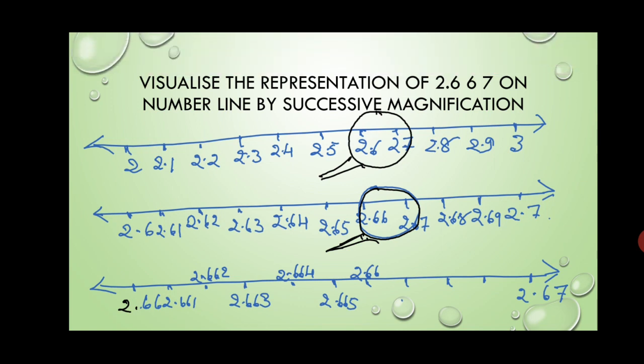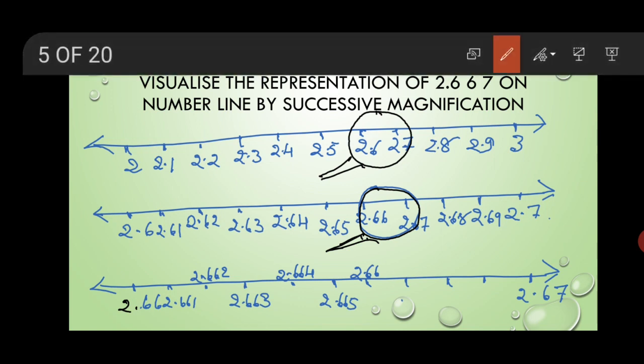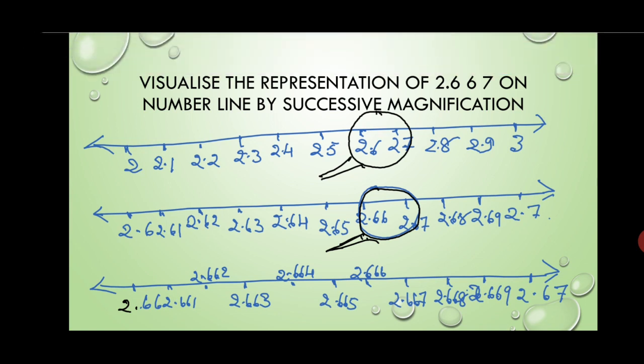This is 2.667. This is 2.668, 2.669. Now where is the given number 2.667 on our number line?